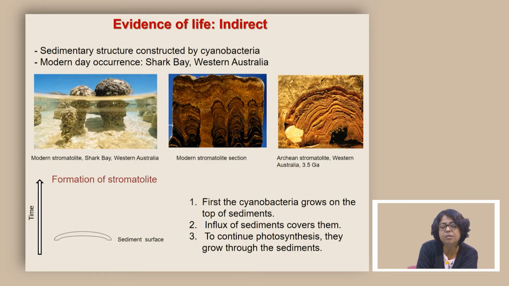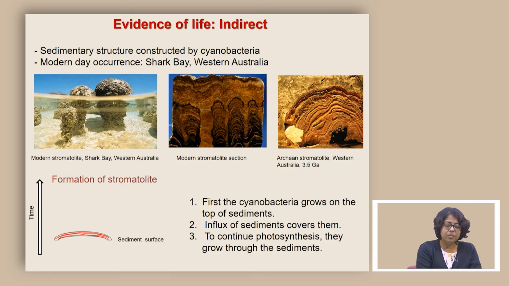When people observed how they form, what they found is that there are microbial mats. These are bacterial mats that develop at the beginning at the sediment surface, and these mats have a gluey structure, and because of that the sediments stick to it. And we are primarily talking about sediments which are mostly carbonate. Once it sticks, it also tries to harden.